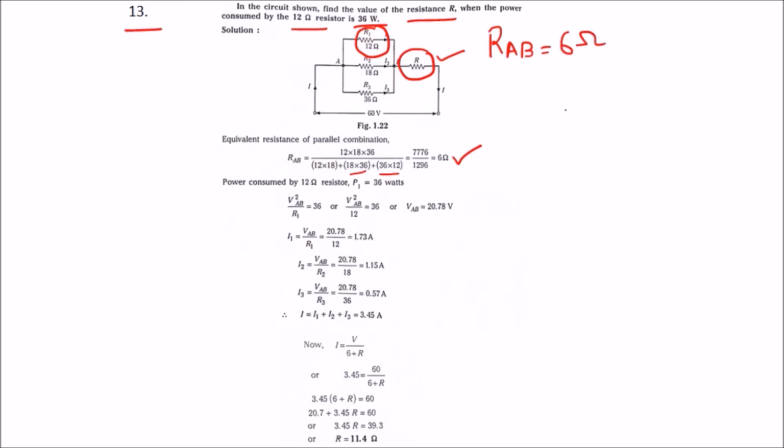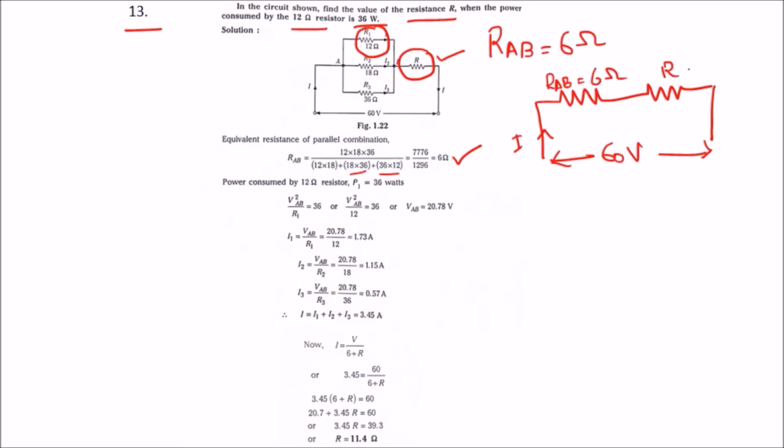So we can also simplify the figure by this. There are two resistors now which are connected in series with a supply voltage of 60 volts and the current I. So this is RAB with 6 ohms, and R. We have to find out the R value.